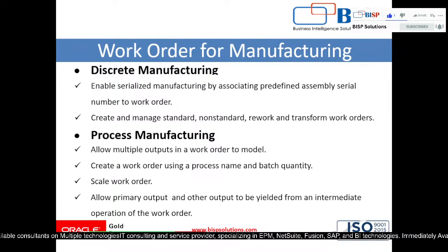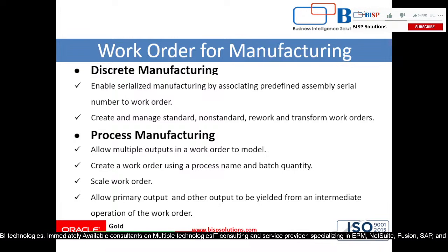So this is process manufacturing, which allows multiple outputs in the work order for a particular item. You can create a work order using a process name, and you can set the batch quantity. You can scale your work order. So let's say I'm going to make 100 units, whatever the unit of measure happens to be. If I have enough raw material and want to scale it up, I can do that in the process manufacturing work order, right?